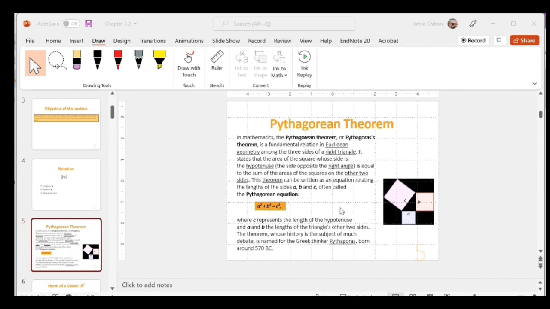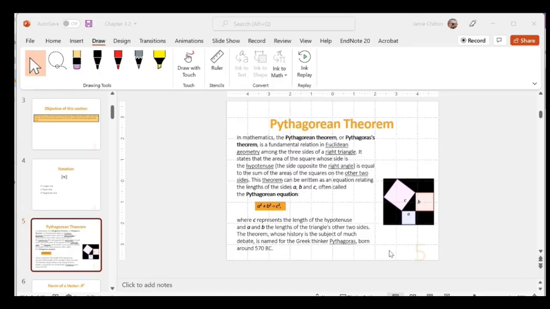So basically, this theorem can be written as an equation relating the lengths of side A and B and the hypotenuse C. So here you see this little triangle outlined in black. It's a right triangle here. So the sides A, B, and C, how those can all be related. And hopefully you remember your Pythagorean equation, where C squared equals A squared plus B squared.